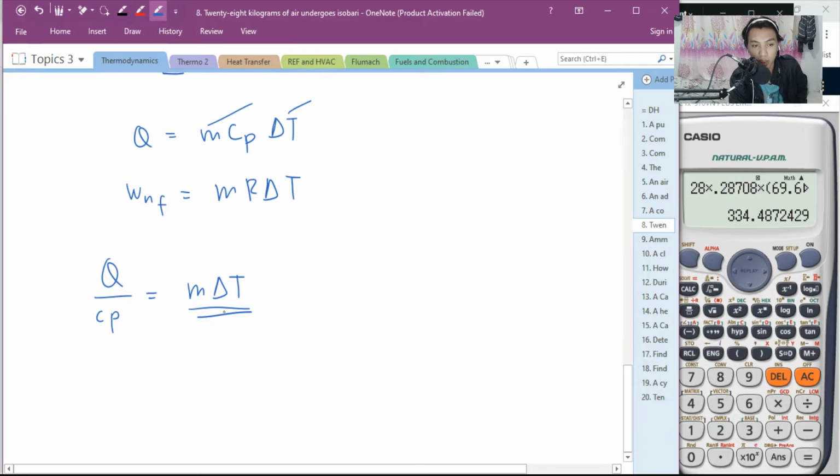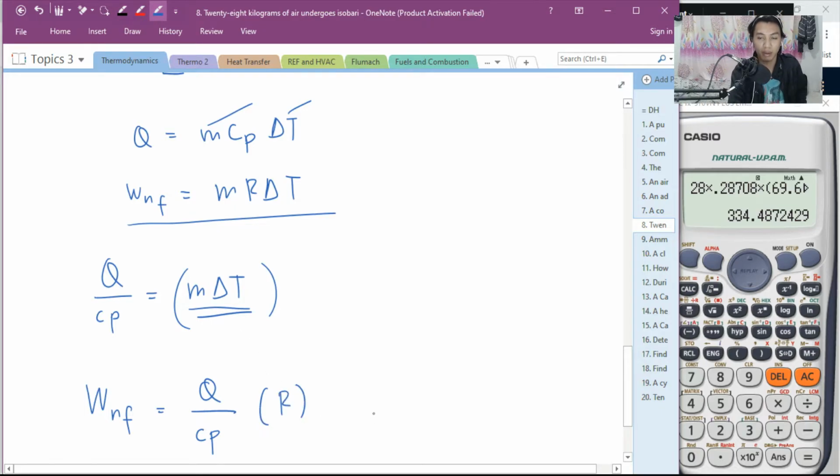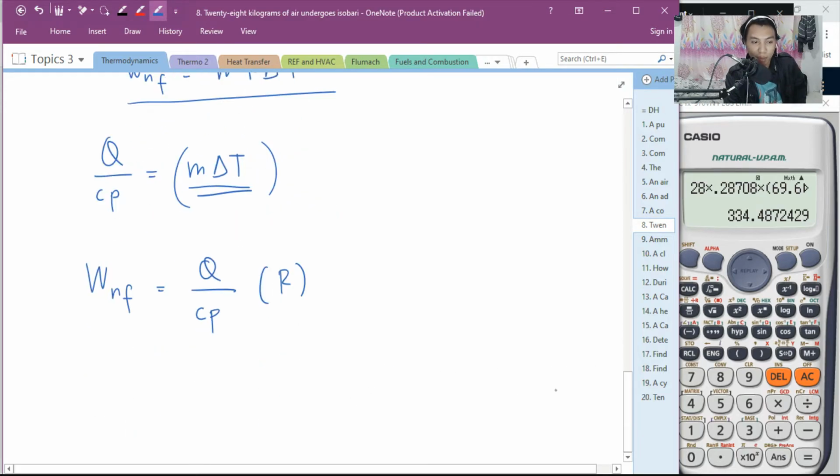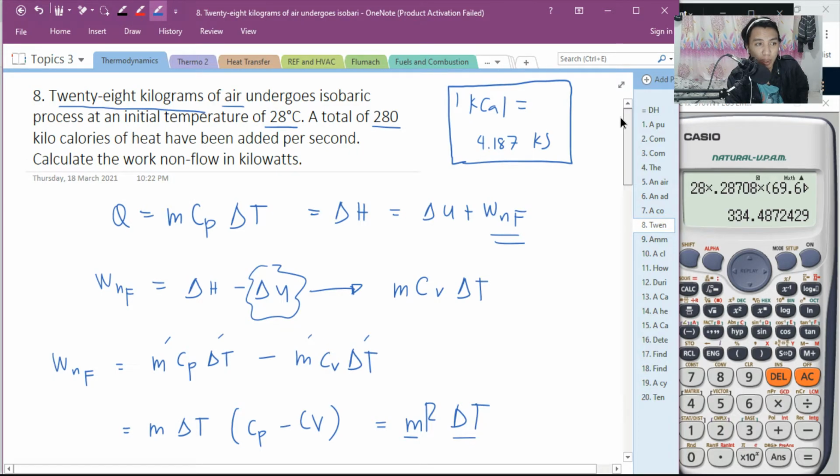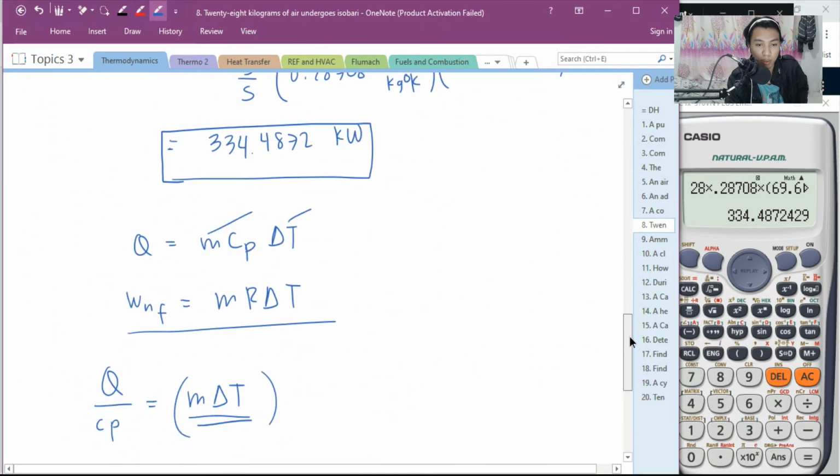Gets nyo? Meron na tayong value ni M delta T. Pwede naman natin ipasok sa work non-flow. Work non-flow equal to Q over Cp multiplied to M delta T. Multiply mo na lang kay R. Check natin yung shortcut na ginawa ko. Yung Q is 280 kilocalories of heat per second.